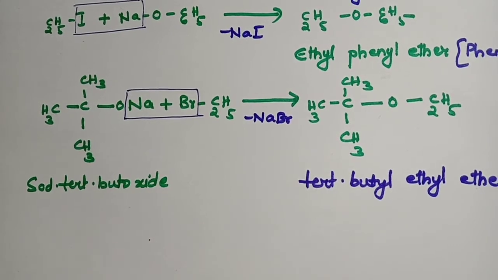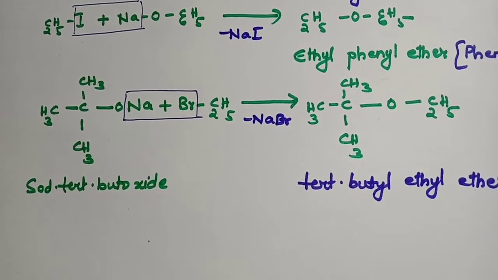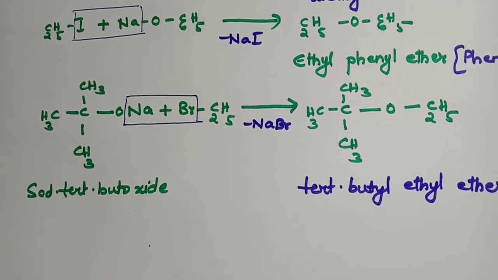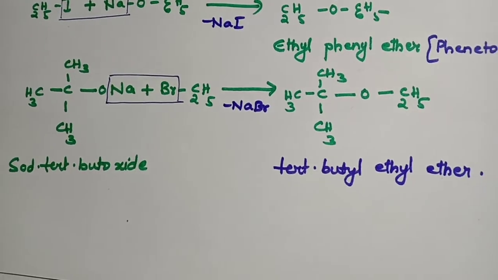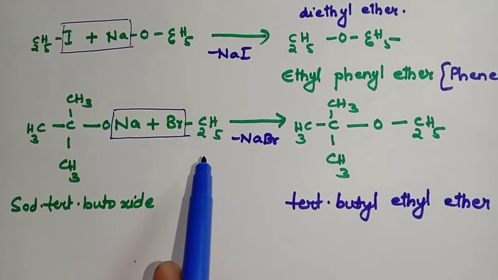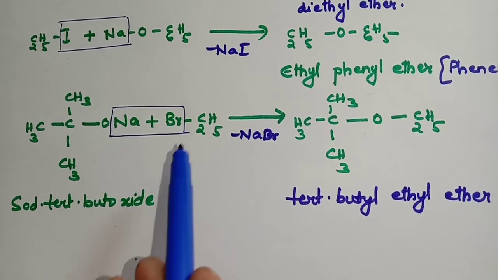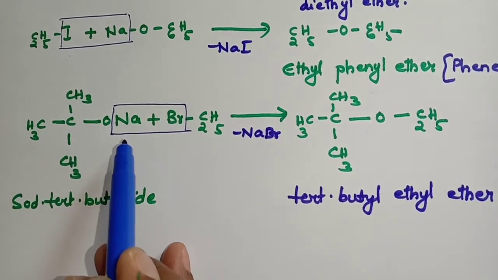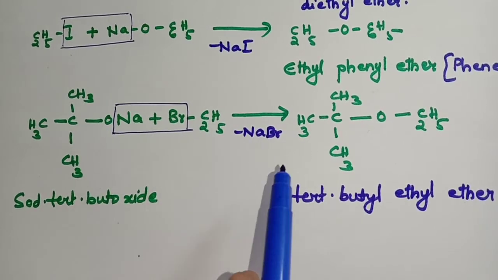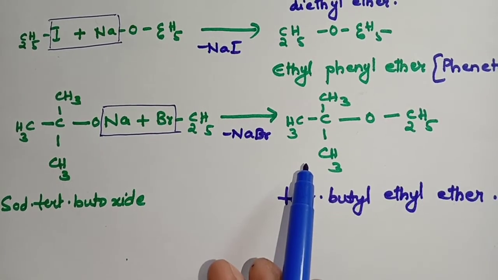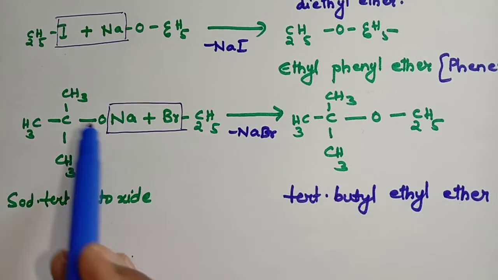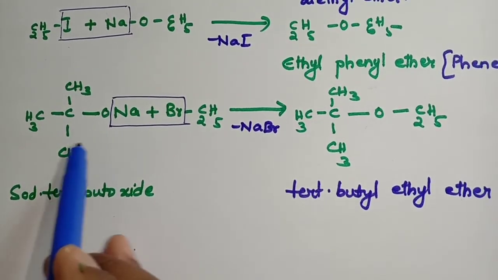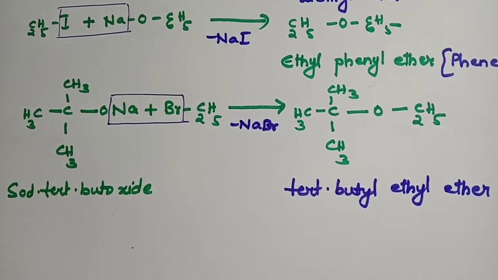Tertiary butyl bromide converts into an alkene. Okay, again I am repeating, if this reaction is carried out, taking sodium ethoxide and tertiary butyl bromide, we do not get an ether. Before conversion into ether, this tertiary butyl bromide converts into an alkene.